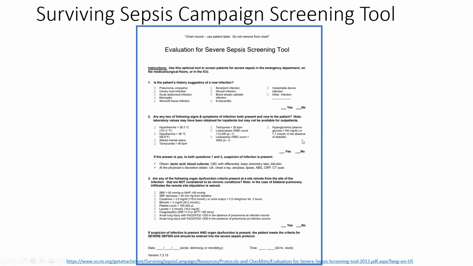And then any two of the following signs and symptoms of infection, both present and new to the patient: Are they febrile? Are they cold? Do they have a change in mental status? Are they tachypneic and tachycardic? Are their white blood cells high or low? Are they hyperglycemic? Sepsis, infection, and stress increase the production of cortisol.